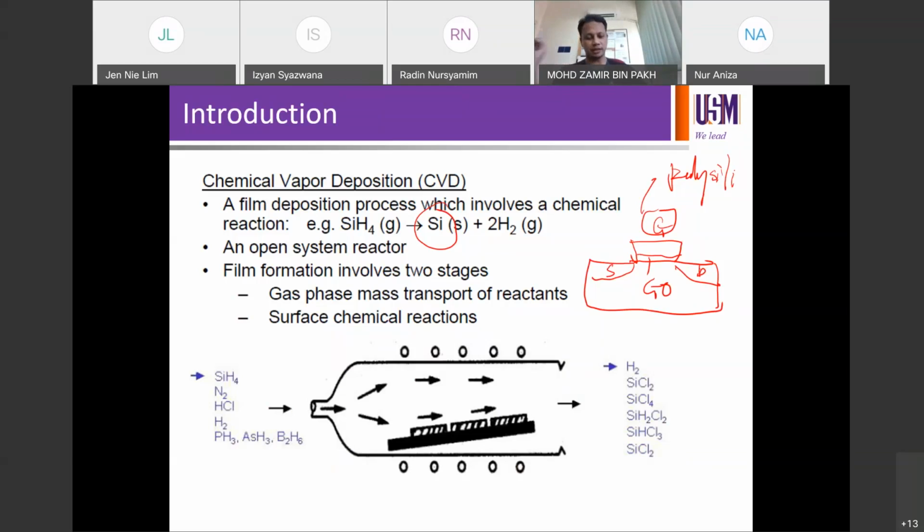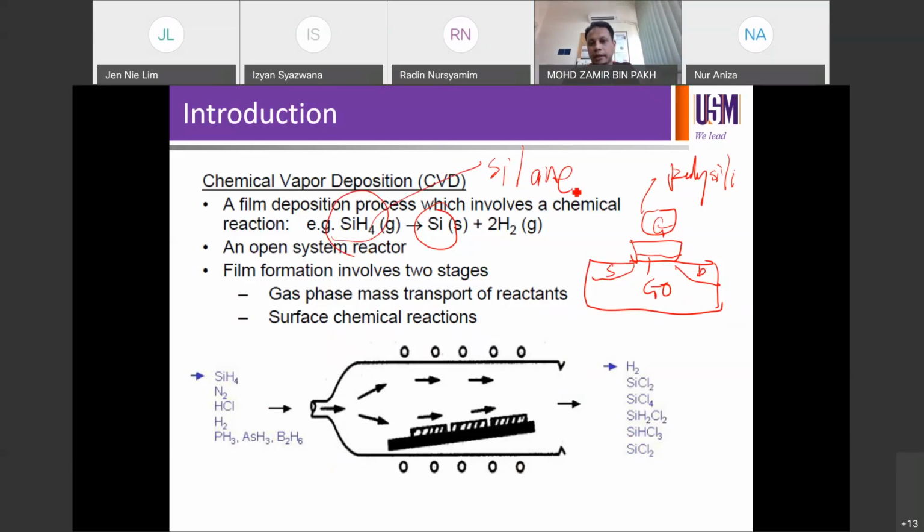You can also have CVD silicon, right? They are different in terms of properties. Evaporated silicon has its own properties, sputtered silicon has certain properties, and CVD silicon has certain properties. So this is called polysilicon deposition. In order to use CVD to deposit silicon, you need to use SiH4 or silane.